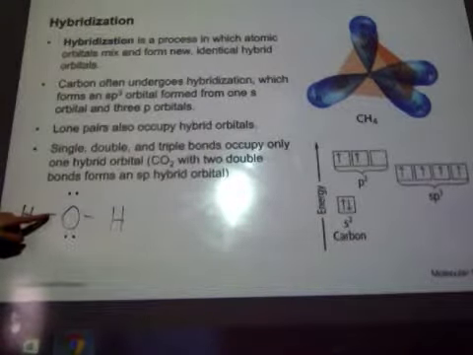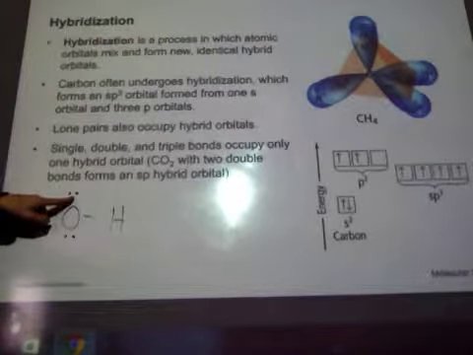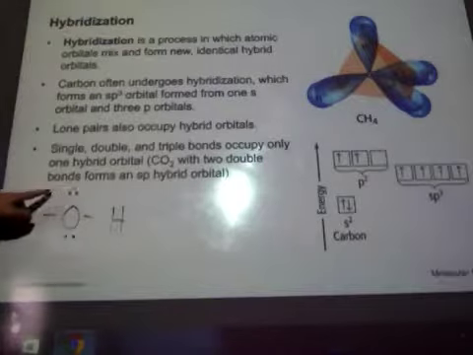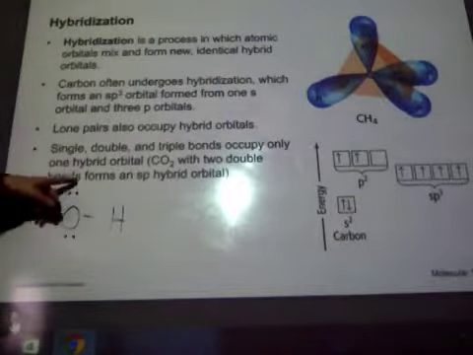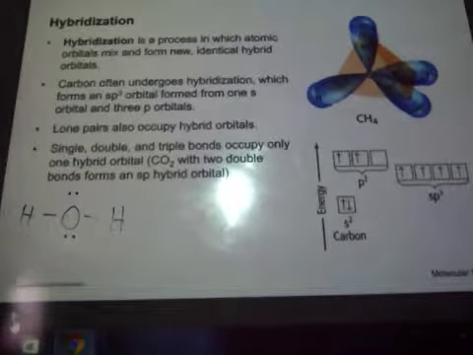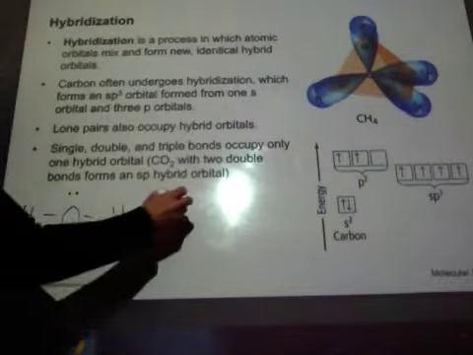So this would also be S, P1, P2, P3. That would also be an sp3 hybrid because every pair counts. That would be sp3.